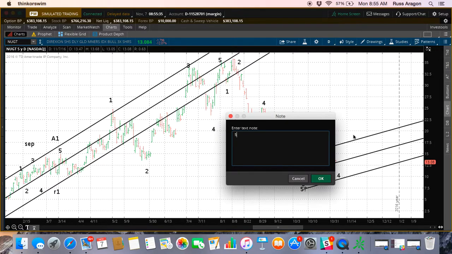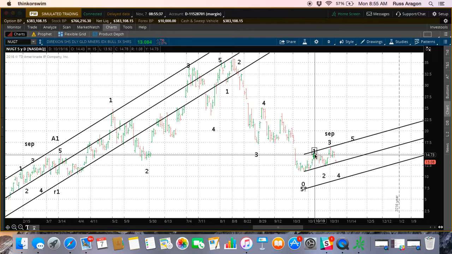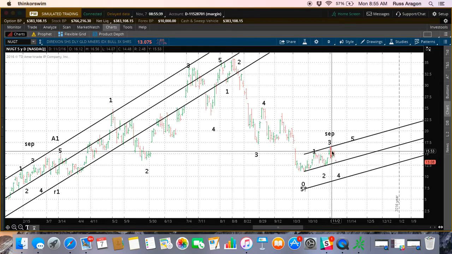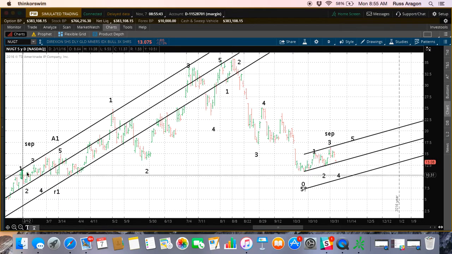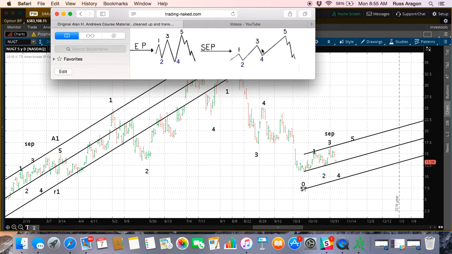Now remember, the swing from 3 to 5 is going to have to be wider than the swing from 1 to 3, right? When you look at the SEP, this swing is wider. This low is higher than this low. This high is higher than this high. This high in 5 will be higher than 3, and the swing will be wider than the move from 1 to 3.